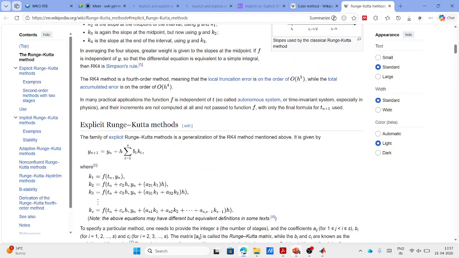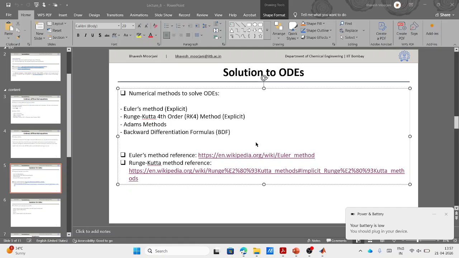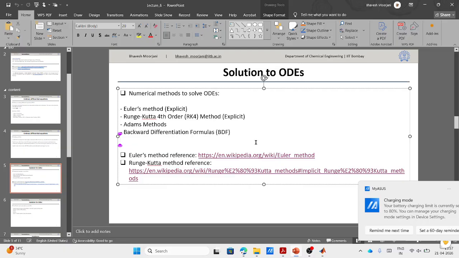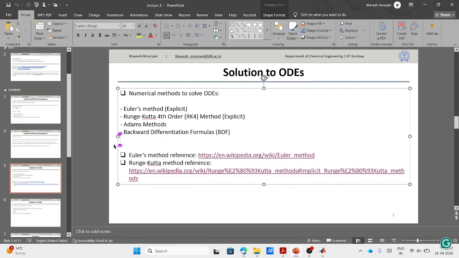Don't worry, you won't go into the detailed methodological part. Even in today's class we won't be going into the specifics of this method.